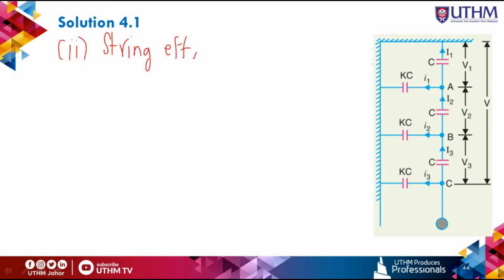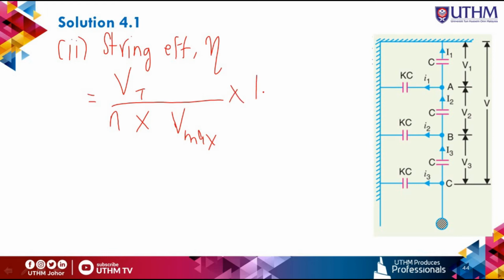As we know, the equation for this string efficiency is V across the string, which is the VT, you divide by the number of insulators, you times with Vmax, and times with 100%.